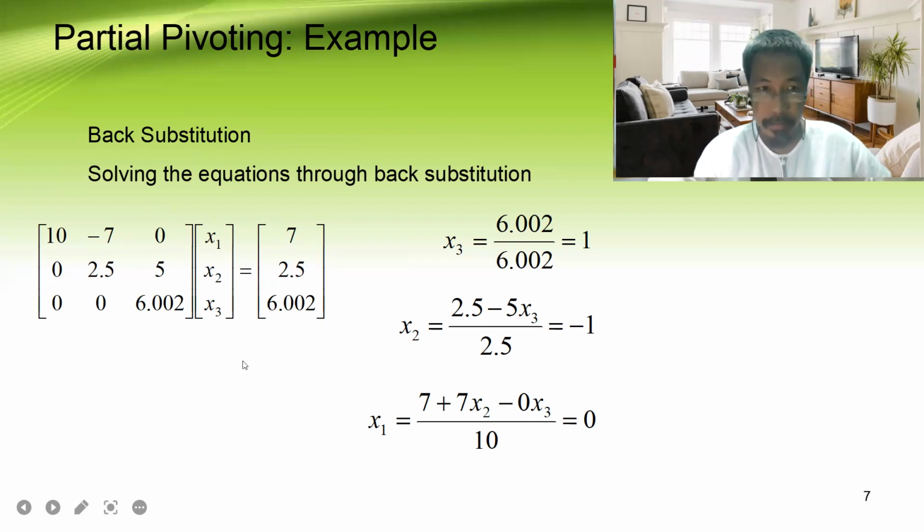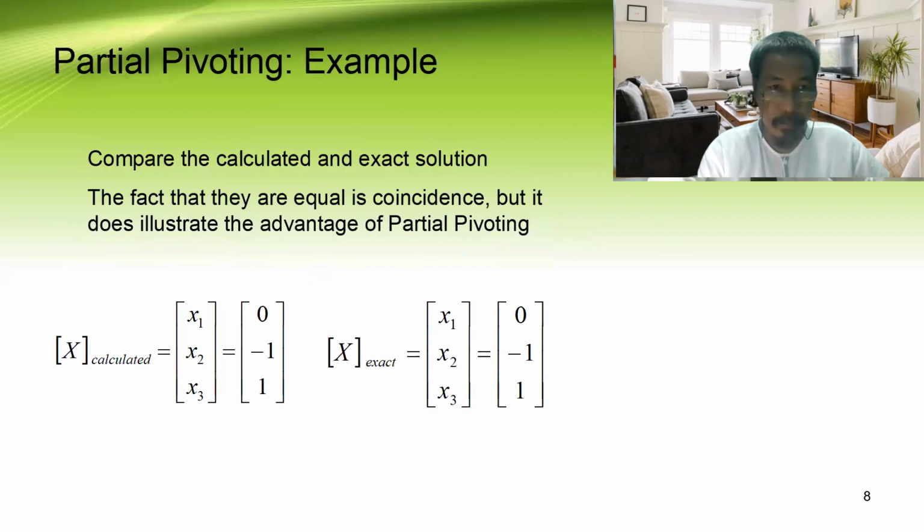We have to find it by substituting the values for x2 and x3, which are negative 1 and 1. So negative 1 times 7 is negative 7 plus 7, that is 0. And minus 0 times 1 is 0. So 0 divided by 10 is 0. So these are the values of our variables.